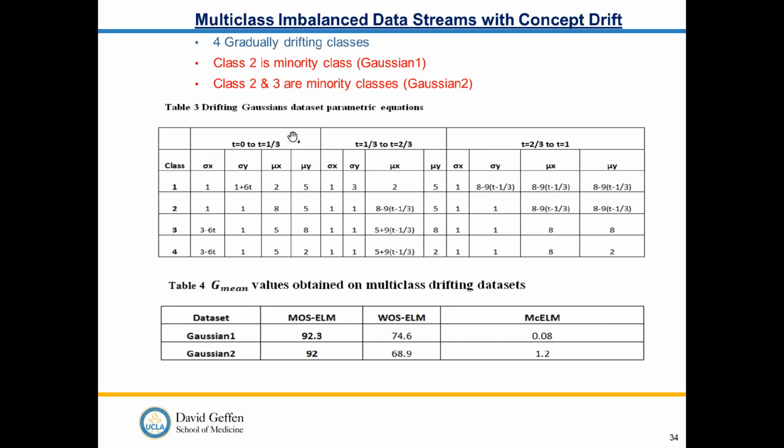For this timestamp it uses these parameters. At a later timestamp the parameters change. So it's a non-stationary environment, and the number of samples in each class is also different. This is a complex situation where you have multiple classes, there are multiple minority classes, and each class is suffering from the non-stationary problem. In this kind of environment also, our method produces much better results than the existing methods.